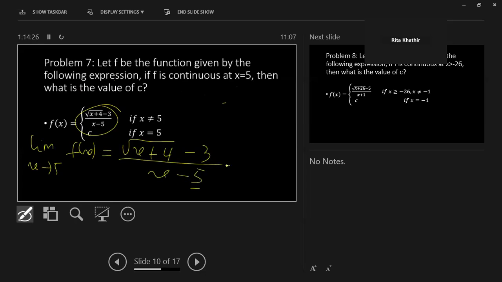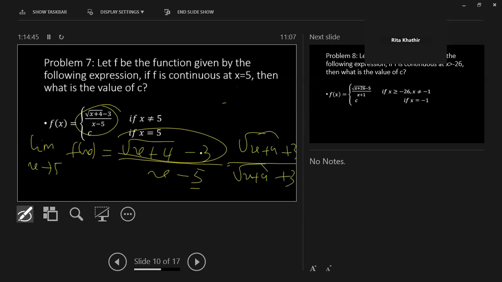How do we solve? We multiply this by 1: the square root of x plus 4 minus 3 plus 3, the square root of x plus 4 plus 3.